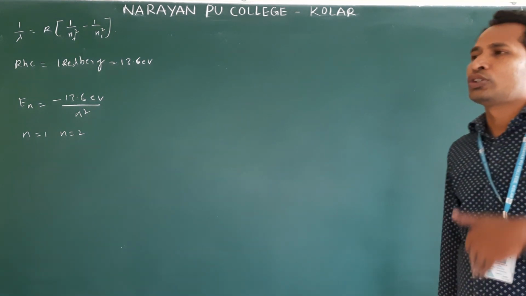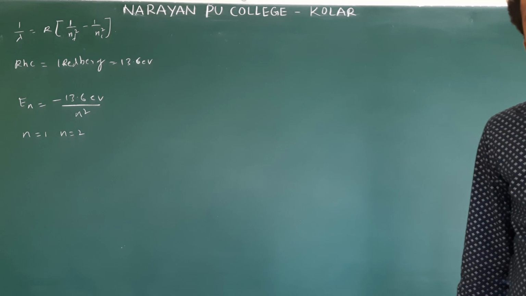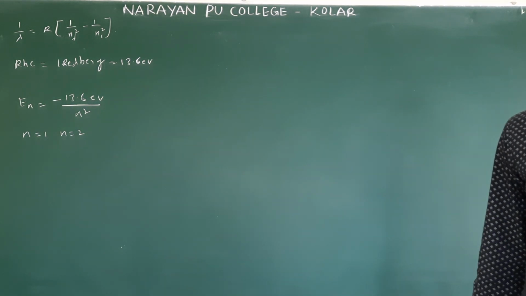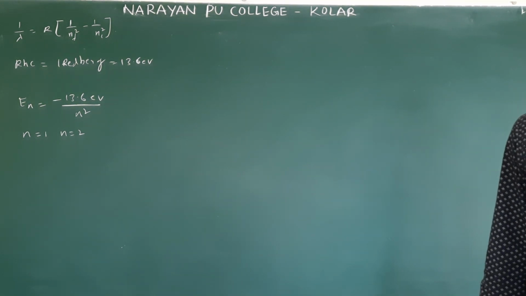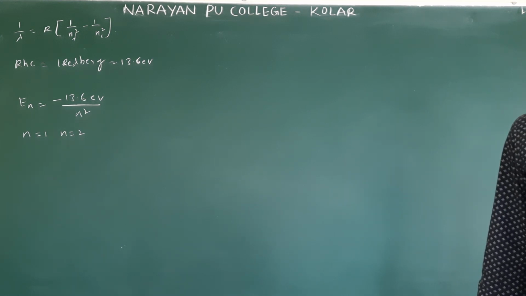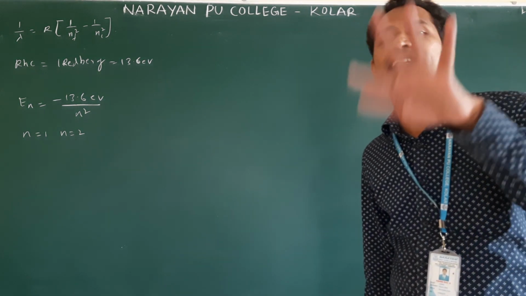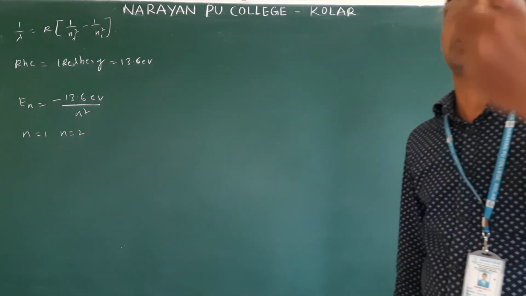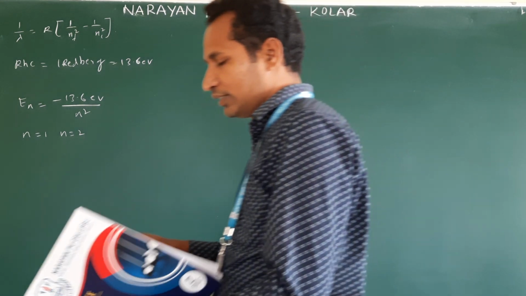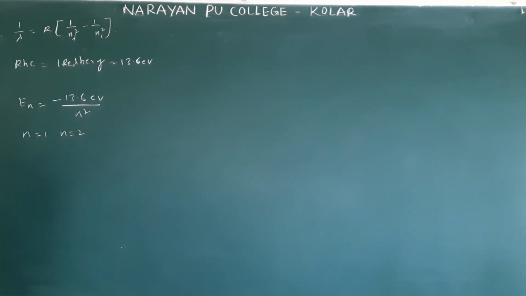Clear? So ionization energy means to remove the electron. Excitation energy means to jump from one state to another state. The energy given to the electron to move from lower energy to higher energy levels is called excitation. Ionization means completely removing the electron from the innermost orbit. So, excitation energy, ionization energy.